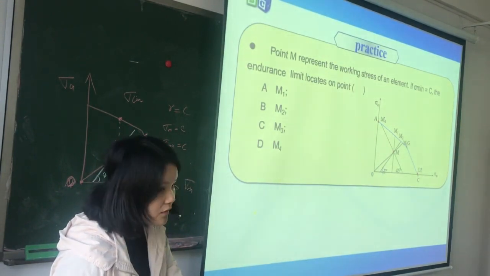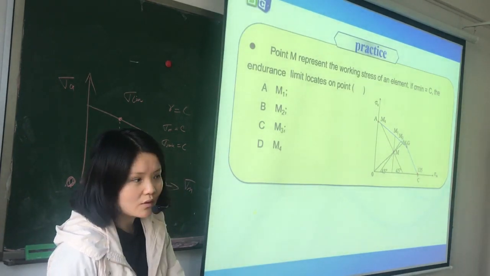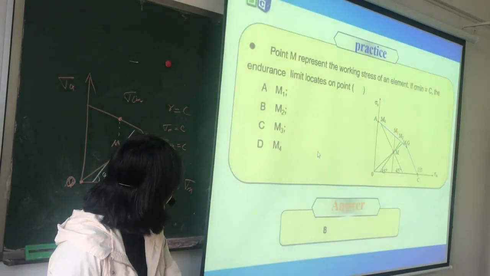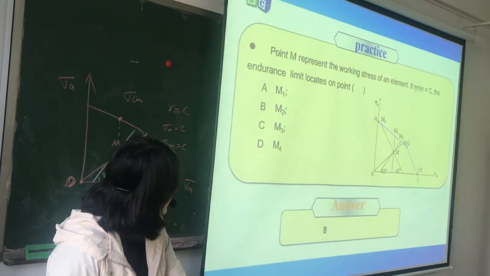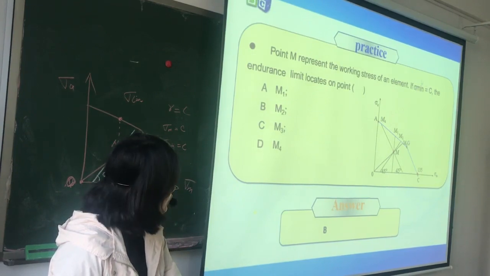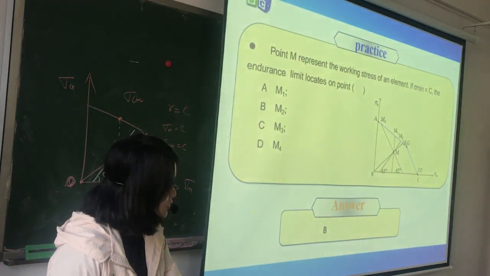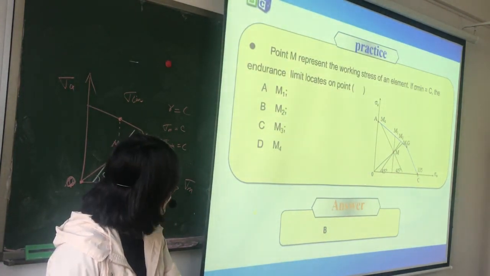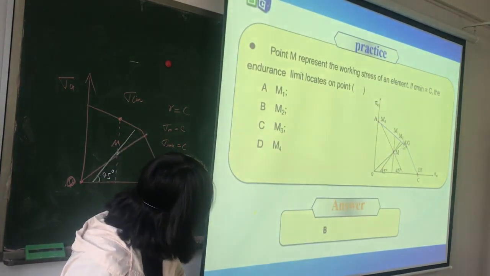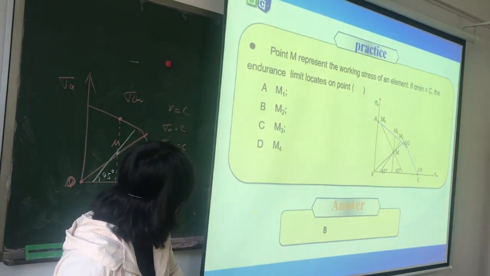This line gives M2. If R is constant, we connect O and M, which gives M3.